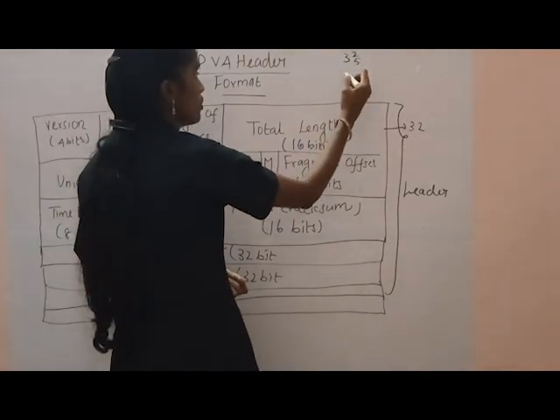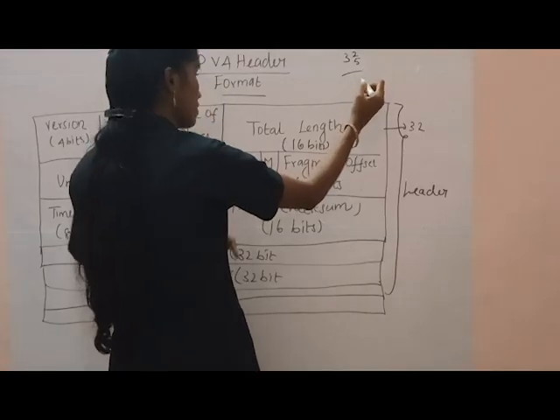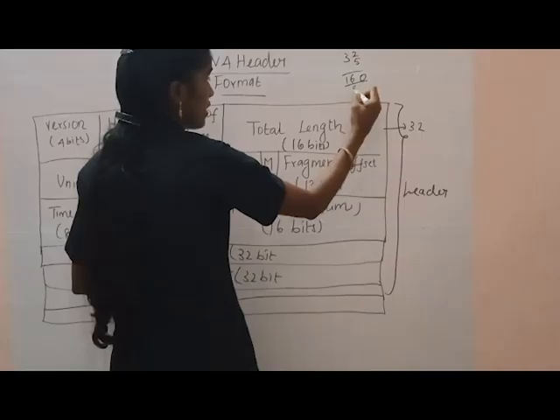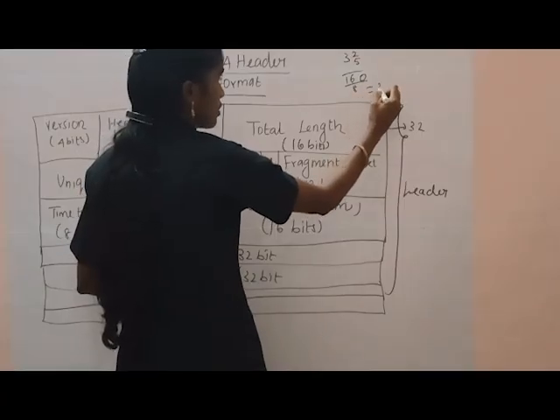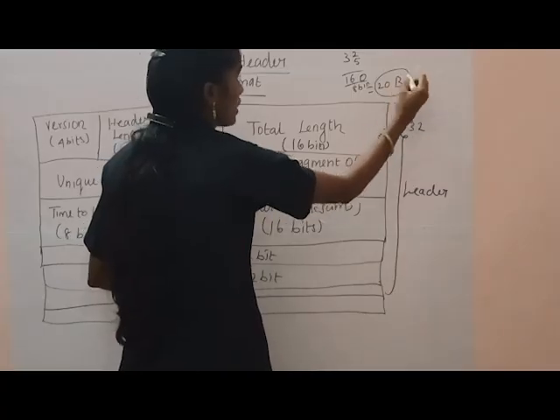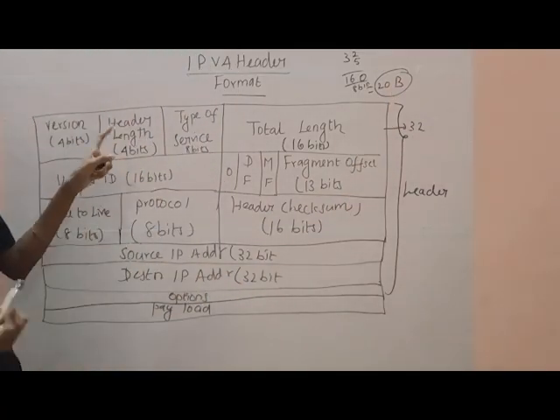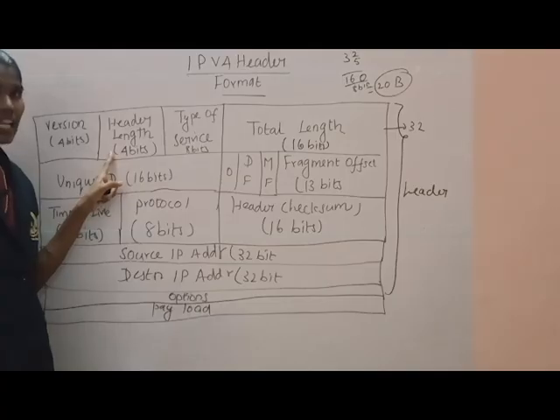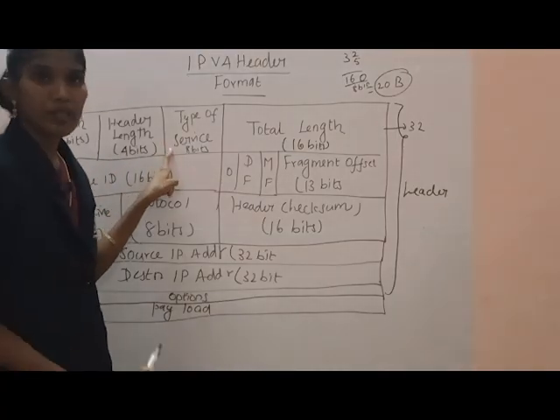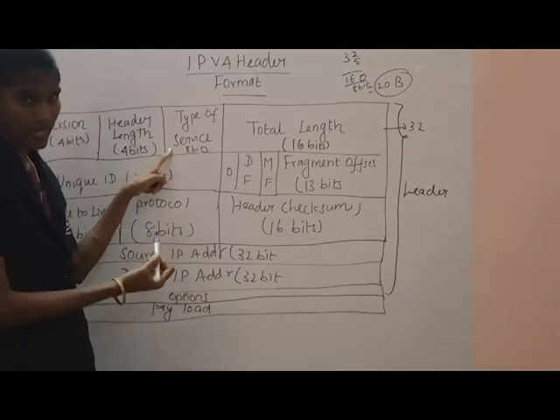This is payload. Then 32 into 5. If you multiply 32 into 5, it is 160. If you divide this by 8, it is equal to 20, since 8 bits make a byte. So you will be having 20 bytes. That information will be available here, that is, header length is 20 bytes.